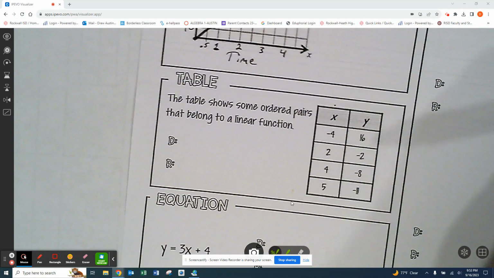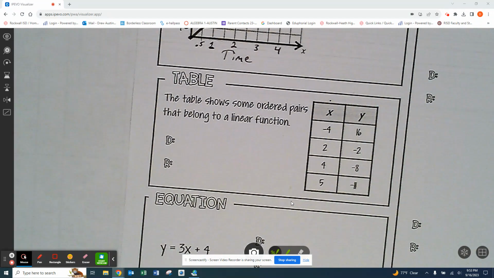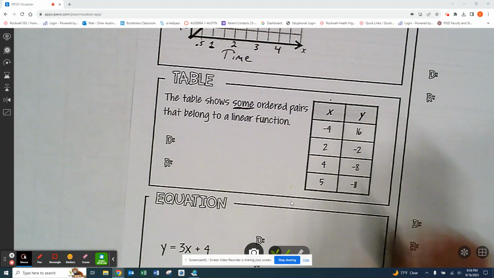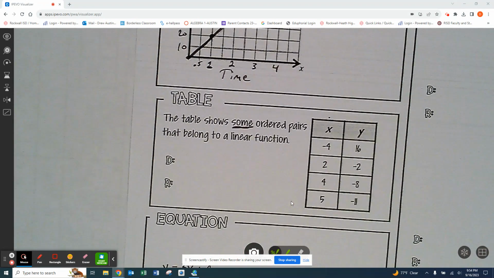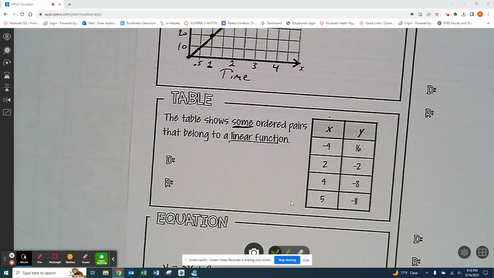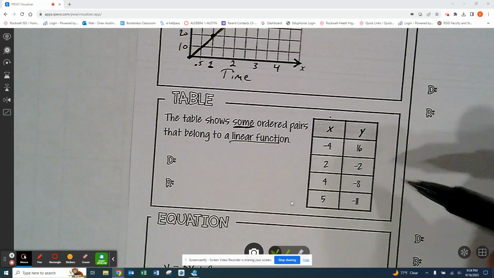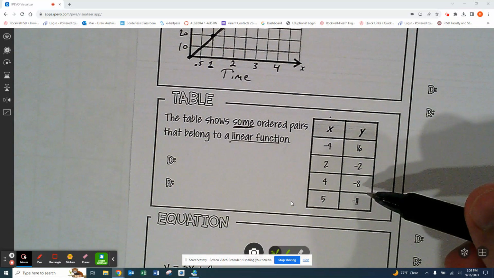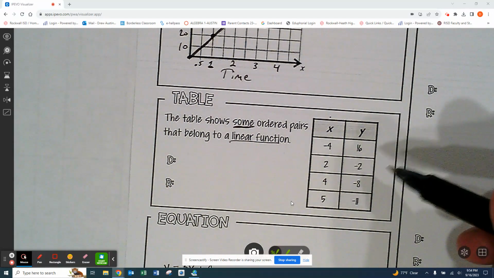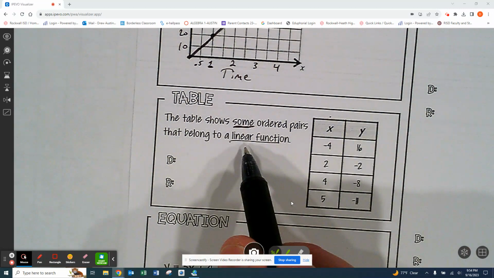In the table, it says the table shows some ordered pairs that belong to a linear function. So, two key points. One, these are not all of the points that are given to us. There's only some of the points that are given to us. And all they tell me is that it's a linear function.